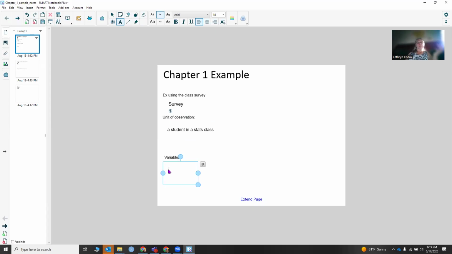The variables are what I measure from them. So there's lots of different variables I measured. I measured their height, their car, their rent paid, their opinion of winter, their favorite ice cream flavor.